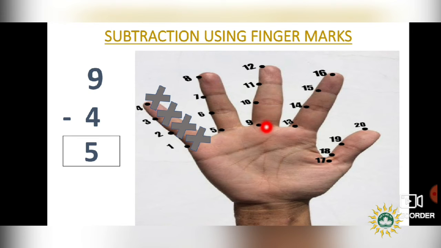So 5 finger marks are left. So 9 minus 4 is 5. So I hope all of you have understood the concept of subtraction. I repeat, subtraction means to take away, and we have to find out how many are left and what remains after taking away a small amount from a larger amount.